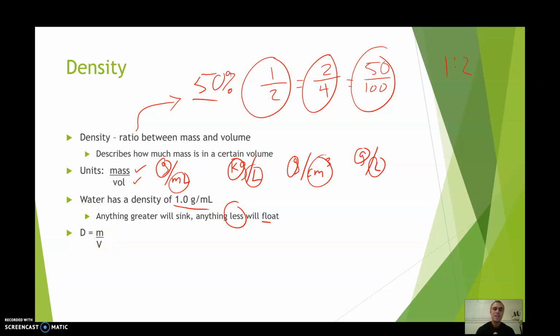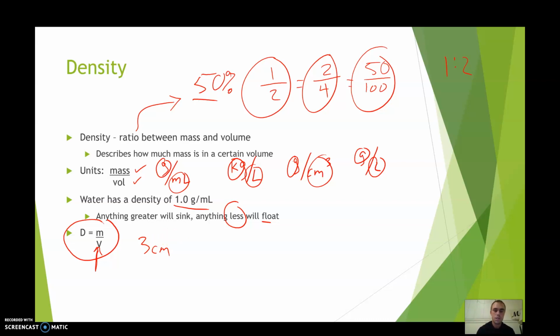All right, and a lot of times, while this seems pretty simple and straightforward, the way that the question is going to be formatted and the way that question is worded might not be so simple. Okay, for example, instead of just giving you a number here for volume, you might have to calculate volume. It might say that you have a cube with each side measuring 3 centimeters, and its mass is this much.